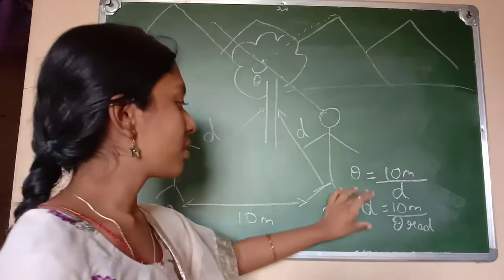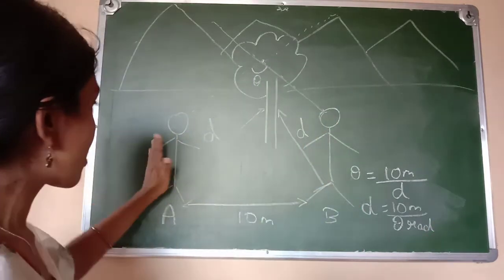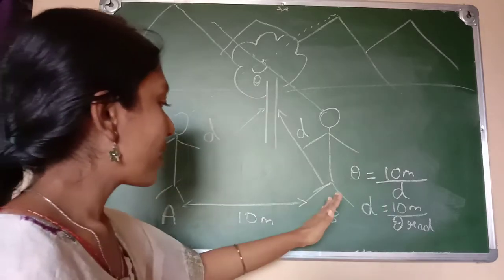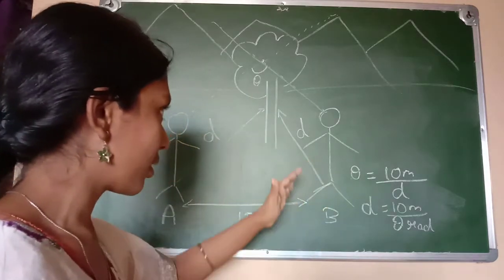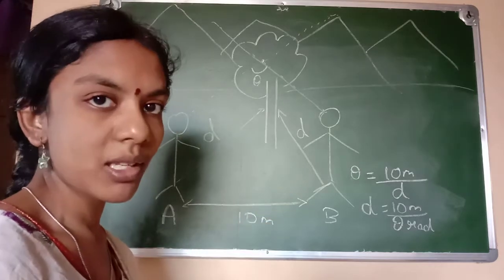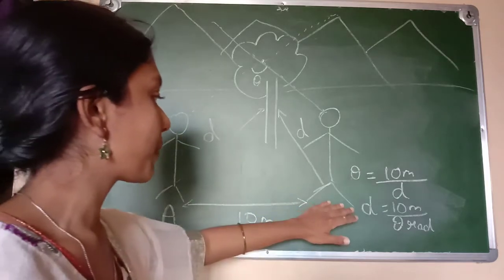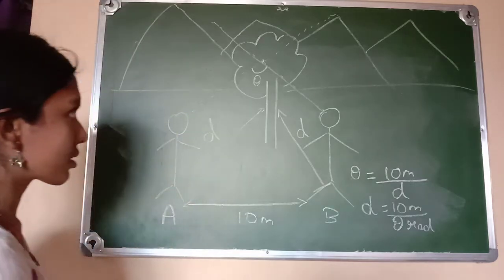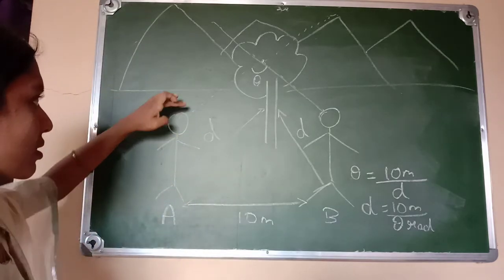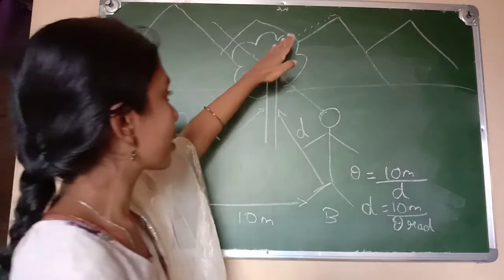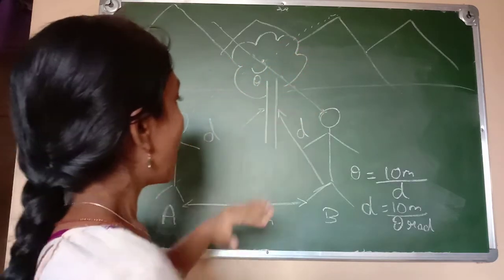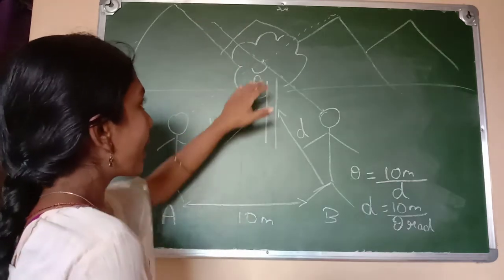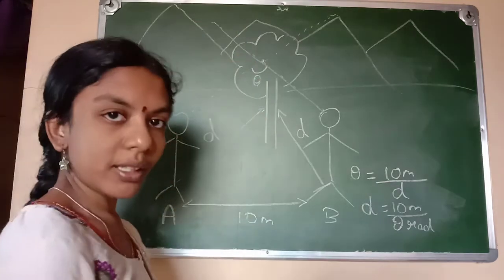So with this you would get to know the distance from the person A to the tree, and since B is also standing at the same distance, it is the same distance from person B to the tree. Hope you understand. So this person's line of sight with respect to the background, and this person's line of sight with the background, intersect at an angle at the tree.